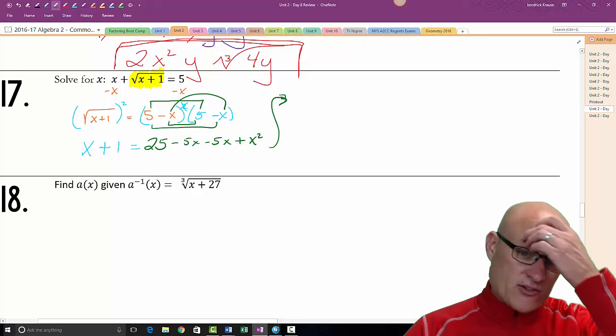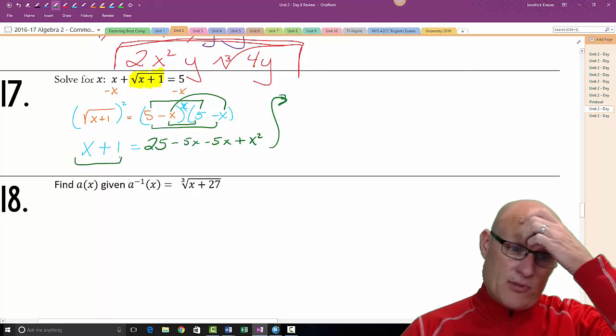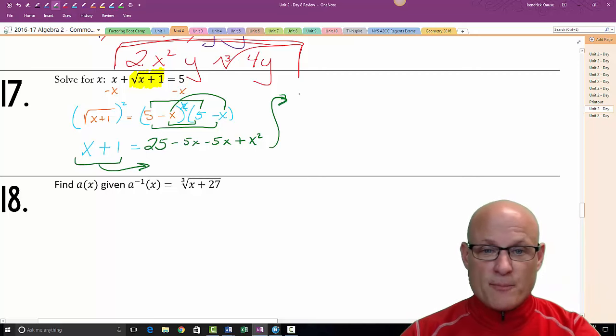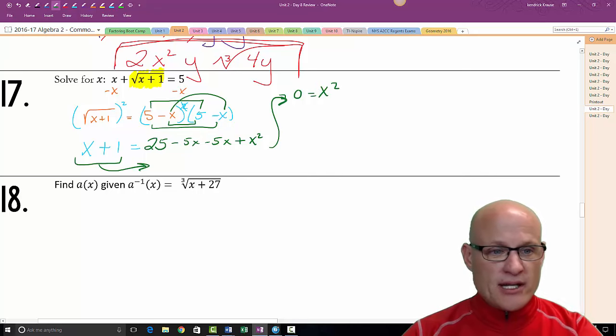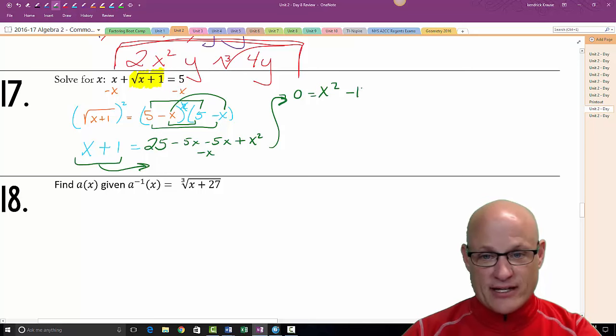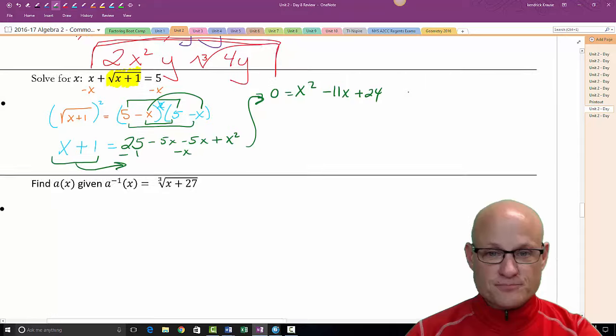Since my x squared is positive, I'm not moving it. All this stuff comes over here, but I'm going to write the x squared first. And let's see, I'm going to subtract x. So that's minus 10 minus 11x. And then this is minus 1, so that's going to be plus 24.